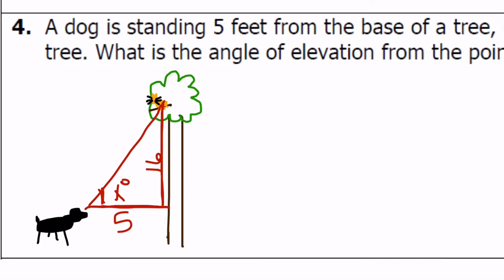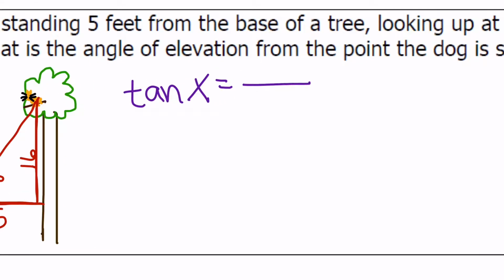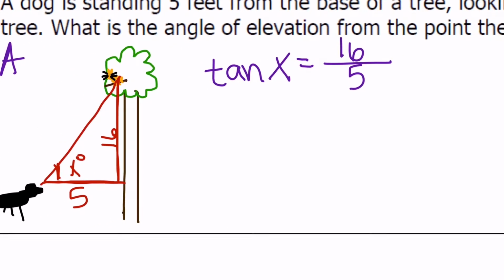I'm given this side here and this side here, and I'm trying to find an angle. I've got to look at what sides those are in reference to. 16 is my opposite side. 5 is my adjacent side. So once again, I'm going to use TOA. So I'm going to use a tangent function. So tangent of my angle x is going to be equal to my opposite side, 16, over 5, my adjacent side.